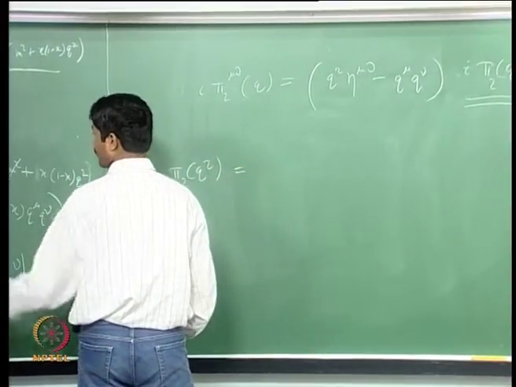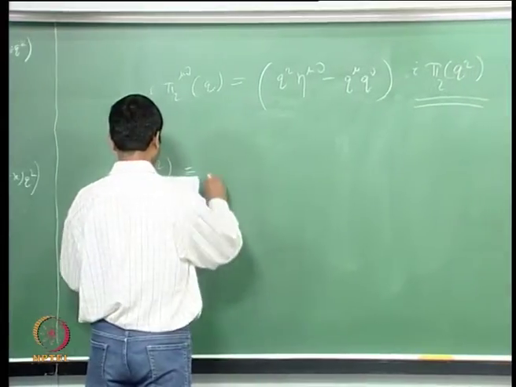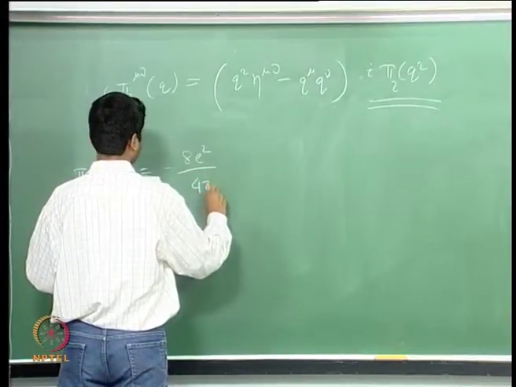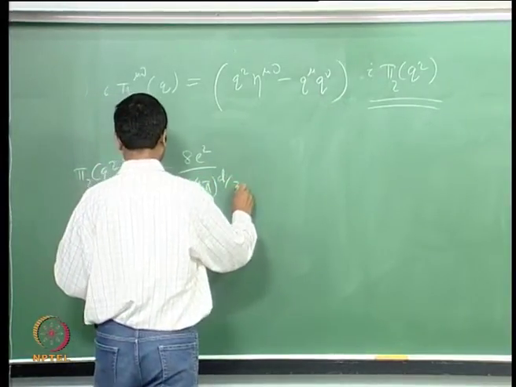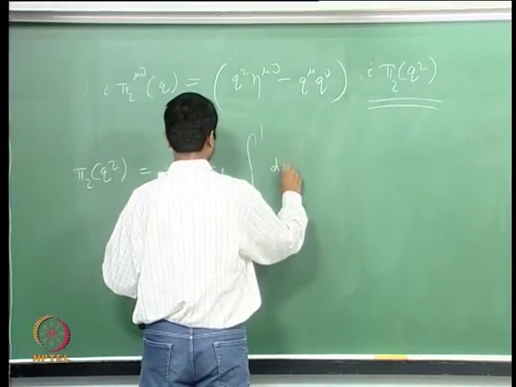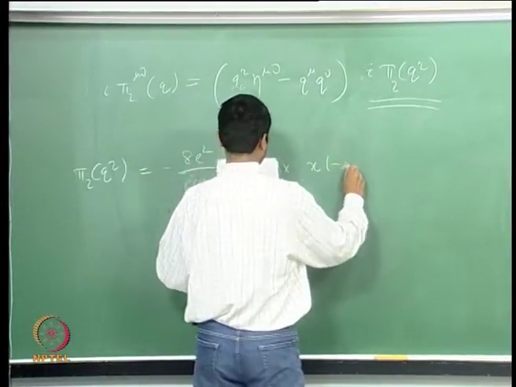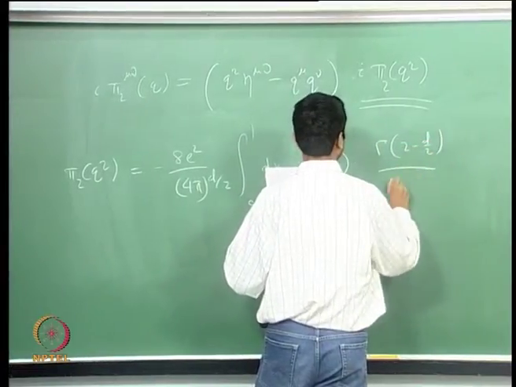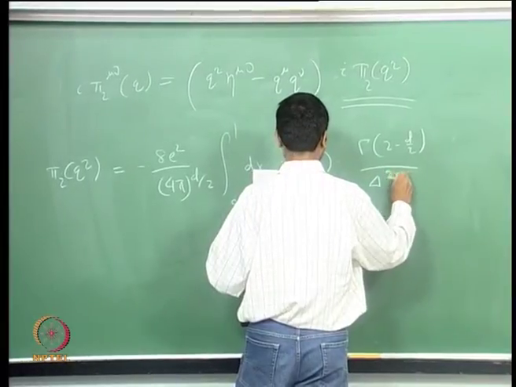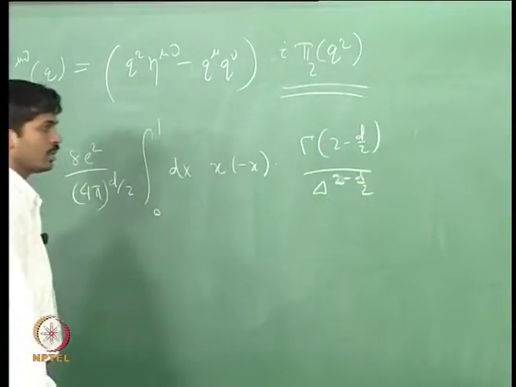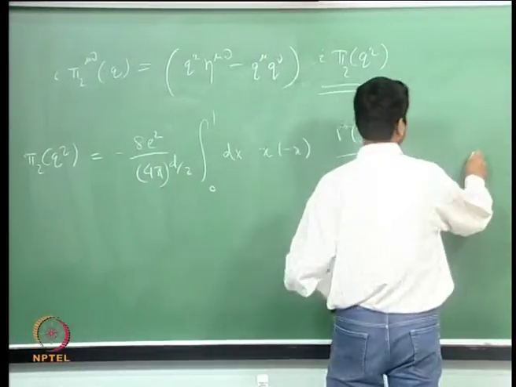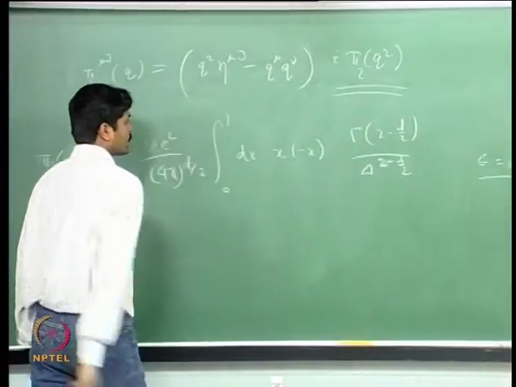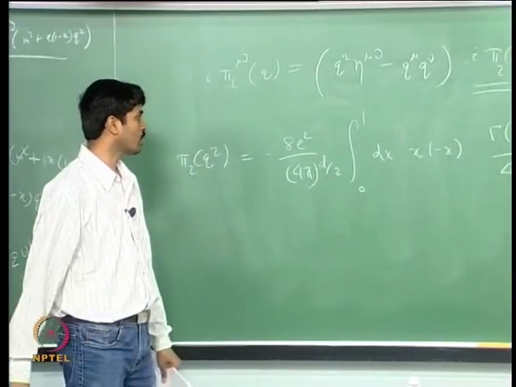Pi 2 of q square, when I take all the factors into account, is simply given by minus 8 e square divided by 4 pi to the power d by 2, integral 0 to 1 dx x into 1 minus x times gamma of 2 minus d by 2 divided by delta to the power 2 minus d by 2.